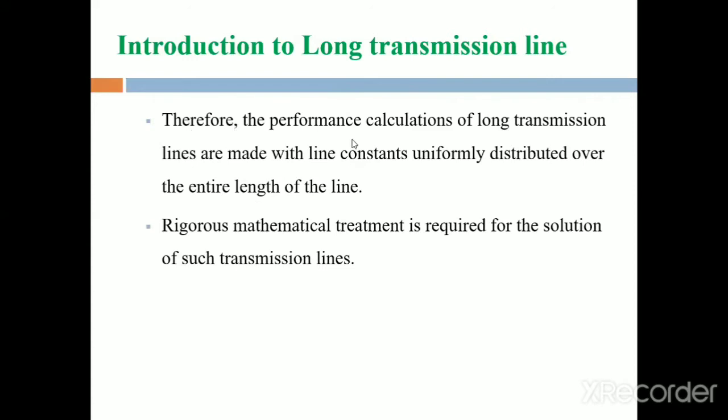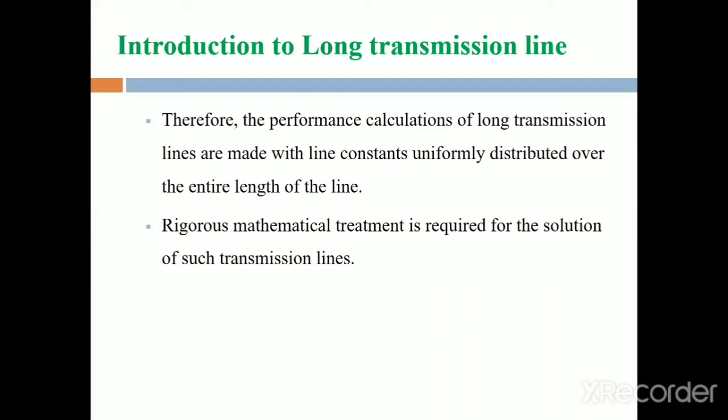Therefore the performance calculations of long transmission lines are made with line constants uniformly distributed over the entire length of the line. Normally, in the case of short and medium transmission lines we are using the lumped parameters, for easy calculation purposes.